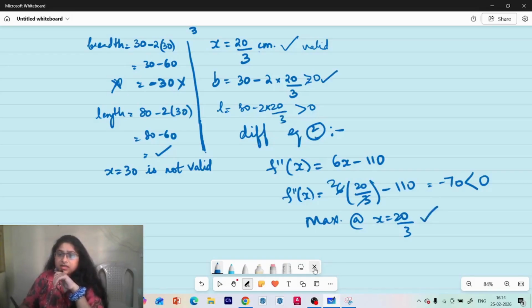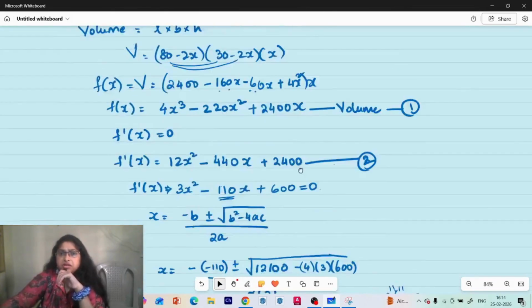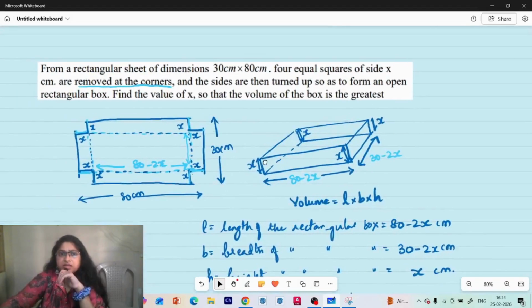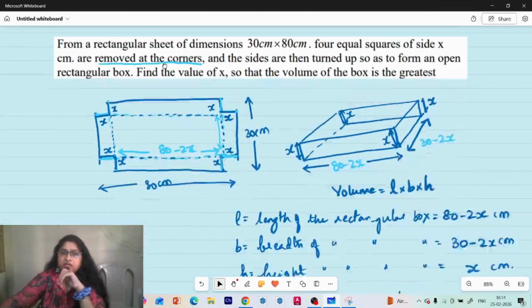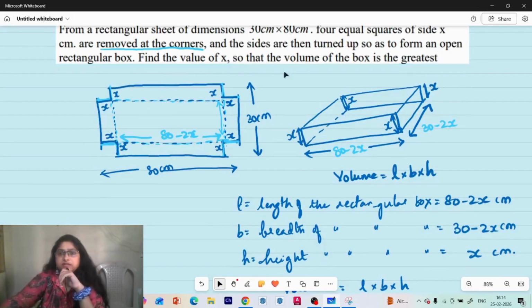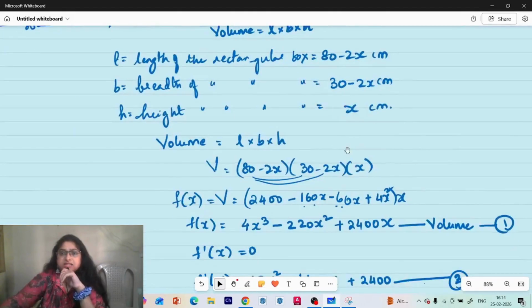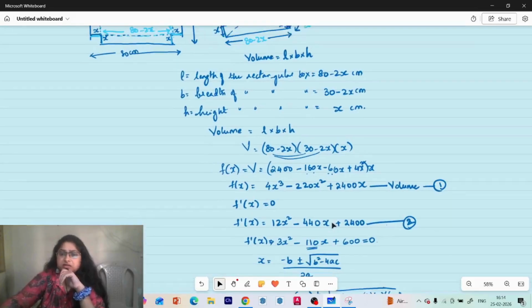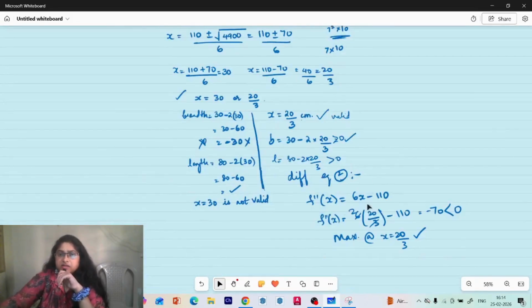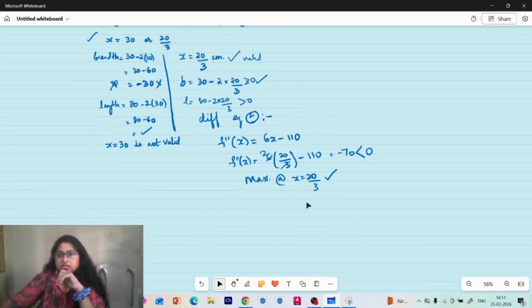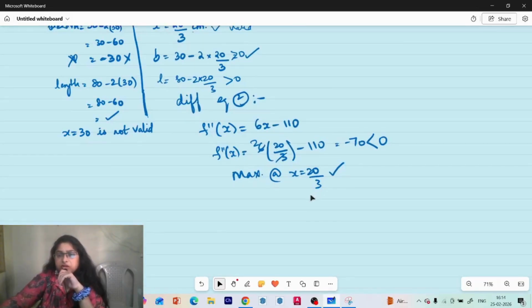So at x is equal to 20 by 3 we got the maximum. What was the question asking? Do they want the maximum volume? No, you just have to find the value of x so that the volume of the box is greatest. So the value of x for which the volume function is maximum is x equal to 20 by 3.